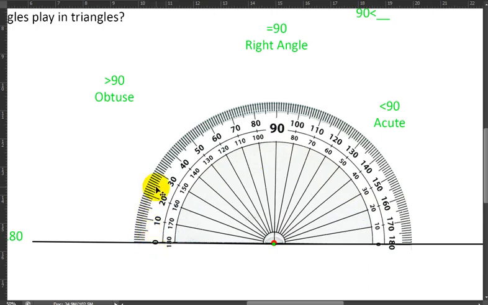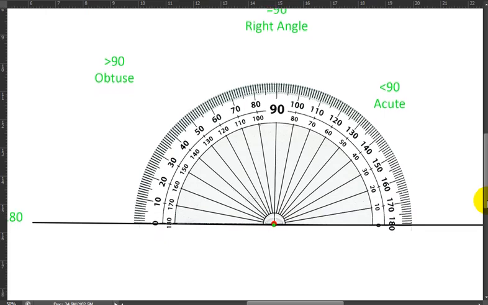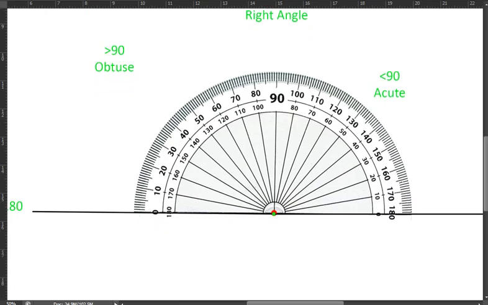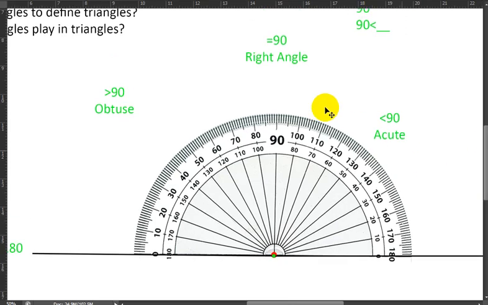I start from this 0, go all the way around, I go to 180 again. So, what does that mean? Well, that's why the 90-degree angle is very important. It is the half of 180.